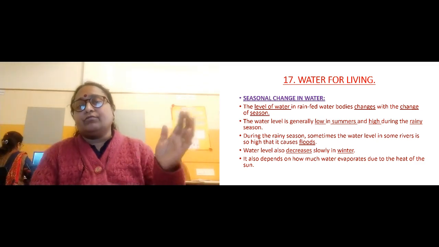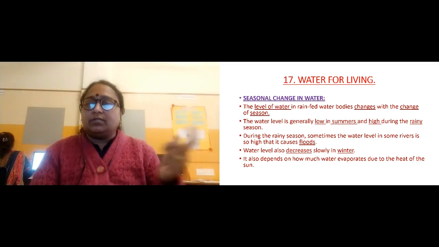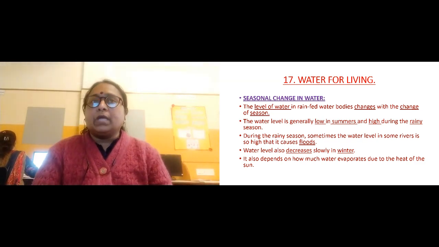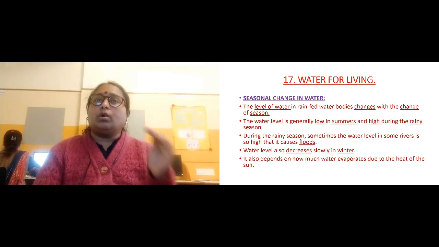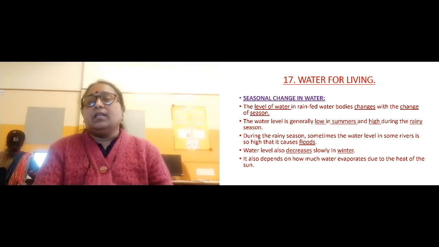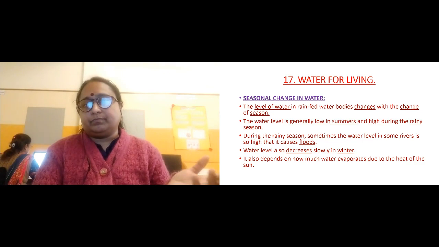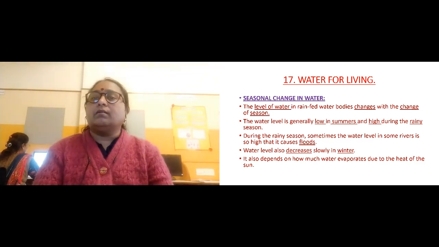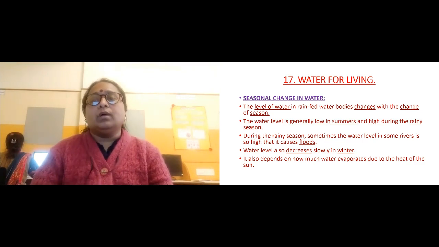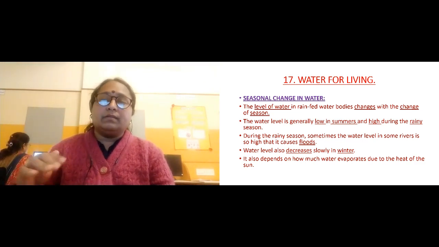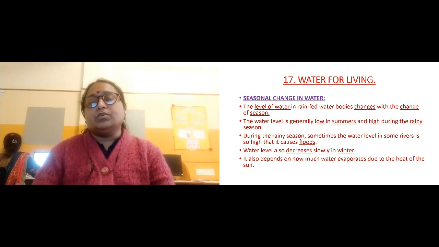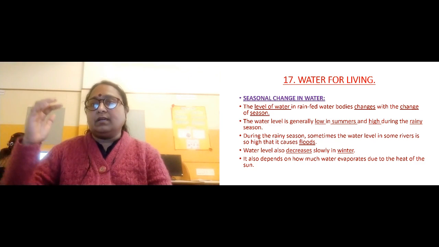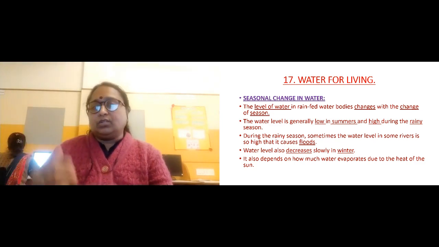And if you don't have rain for say 2-3 years continuously, then there is a chance that the water slowly dries up. So the level of water in rain fed water bodies changes with the season. In summer the water level will be very low, but in monsoon it will start increasing. During rainy season in some rivers, the level of the water increases in such a way that it will lead to flood.